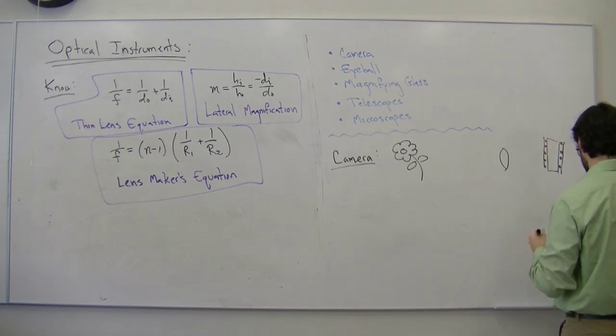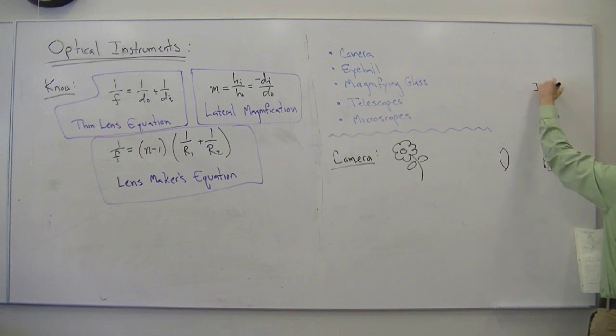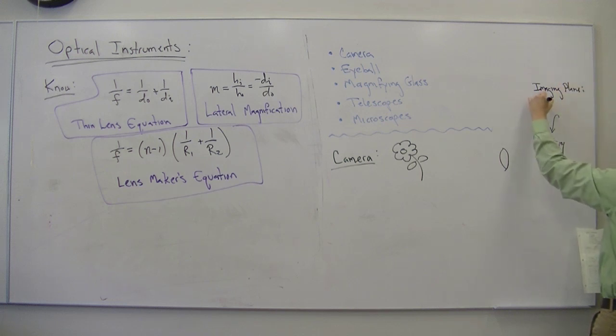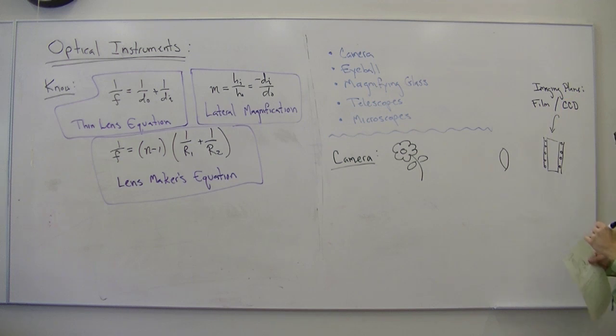But one way or another, there's a thing called the imaging plane, which, if you're a hipster, is film. For everybody else, it is a charged coupled device, or CCD.